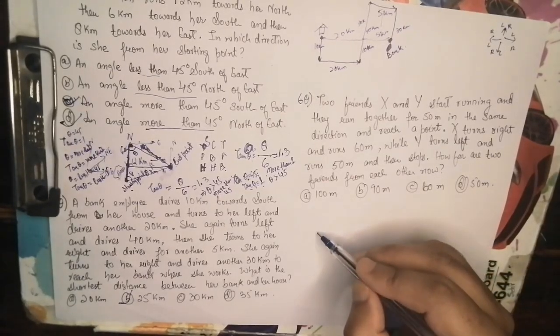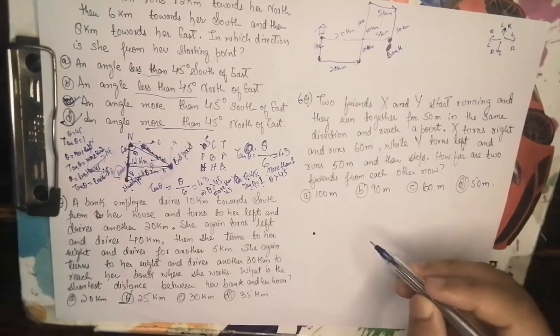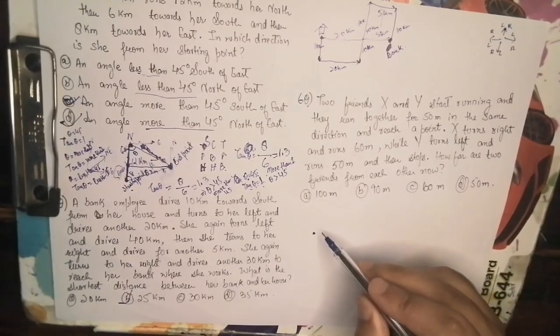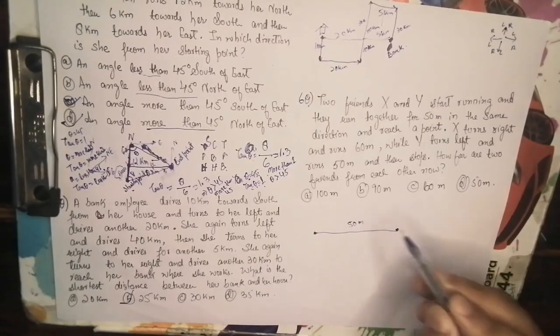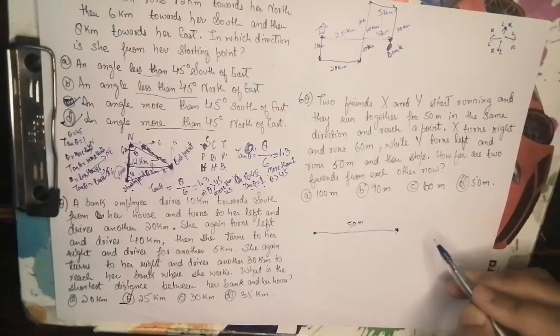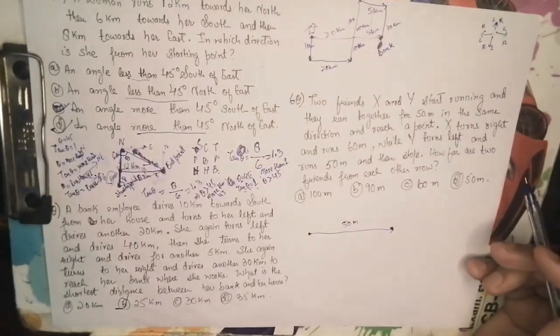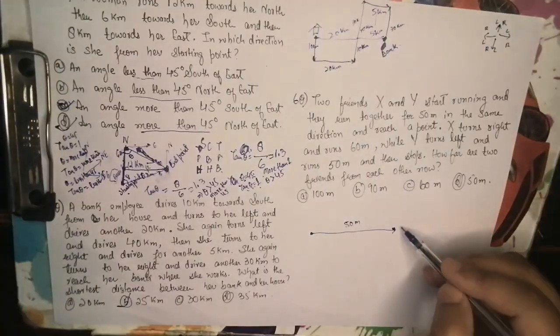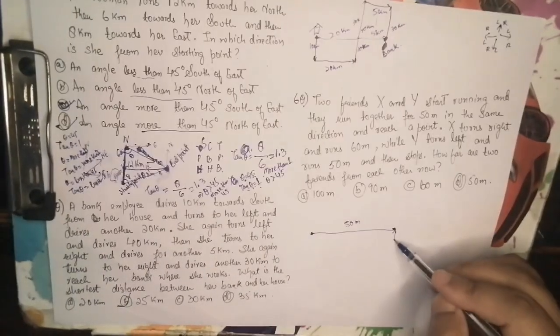They start running together for 50 meters in the same direction and reach a point. So they run 50 meters in the same direction. Now X turns right. What's right here? Right is this side. X turns right 60 meters.